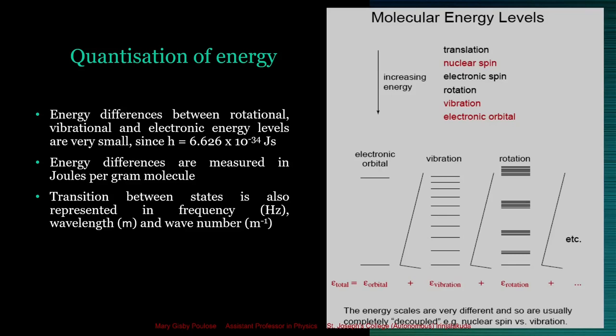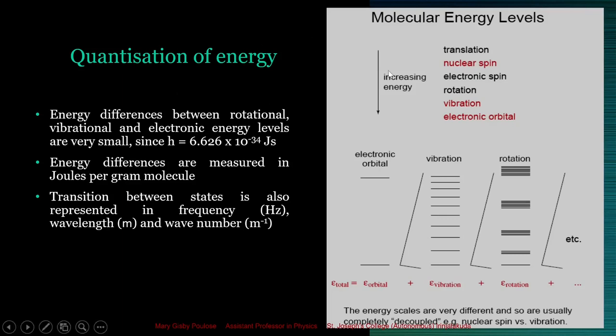To measure these energies, we need to measure the radiation, so we will be measuring the energy of that radiation. To get a measurement, we take the energy in joules per gram mole. So we calculate the energy per mole of molecules, so that value will be a bit higher, and we can get readings from the instrument.